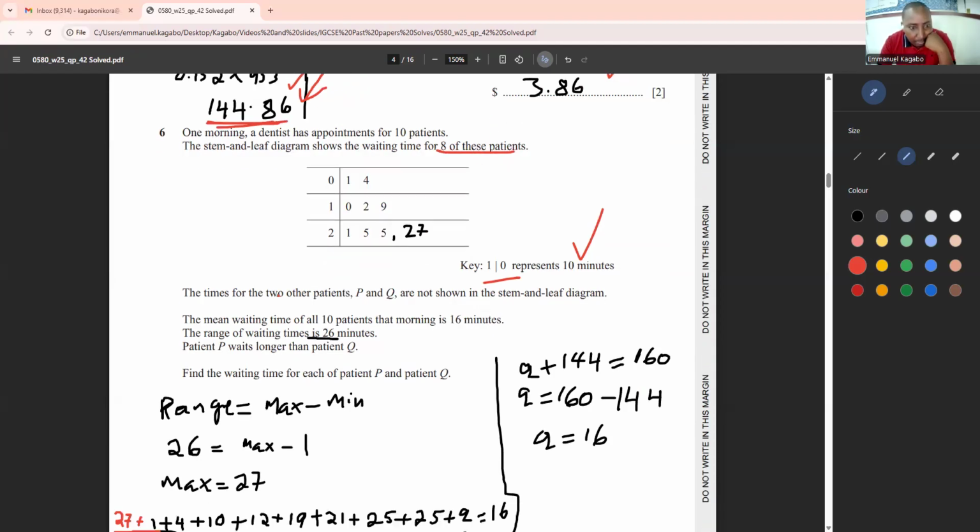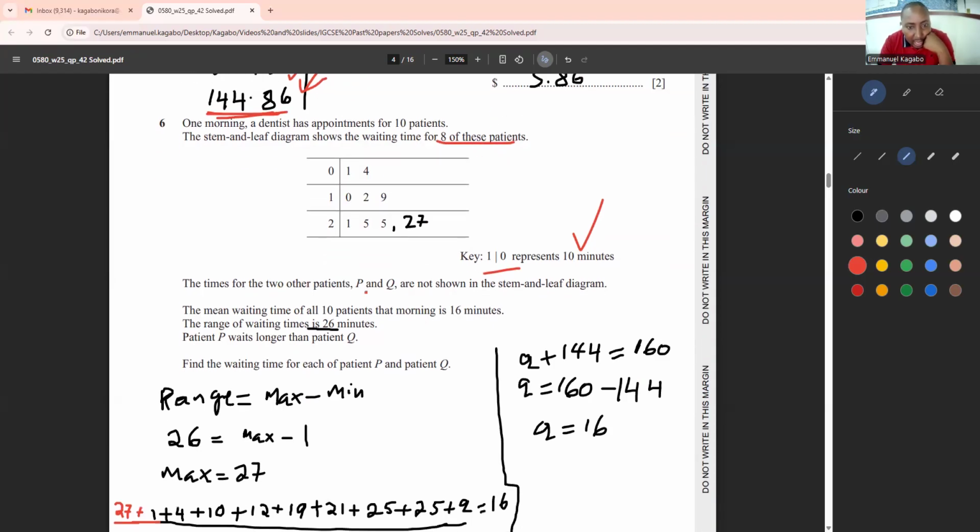Be careful with that. The times for two other patients, P and Q, are not shown on the stem and leaf diagram. But what we know is the mean of the 10 is 16 altogether. The ones we have here are only 8, but they are supposed to be 10 in total. Okay, making sense, right? Very good.